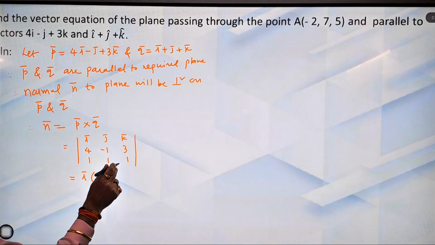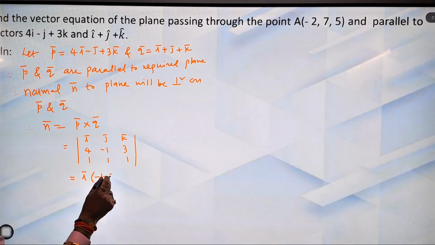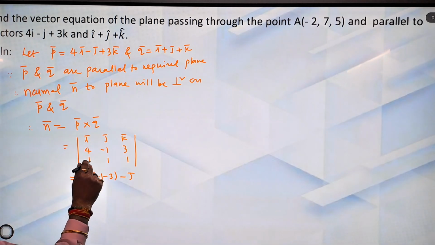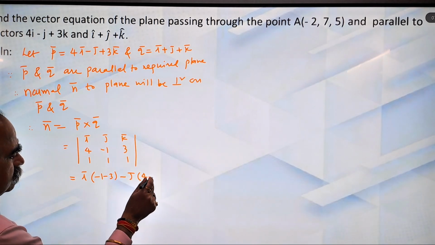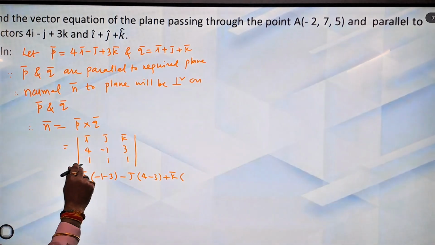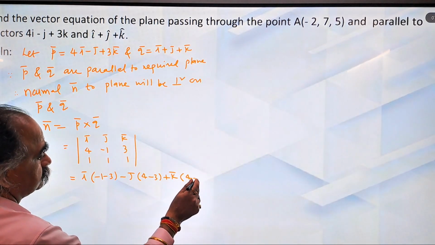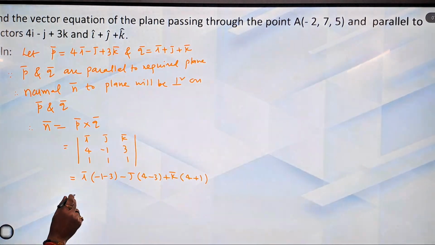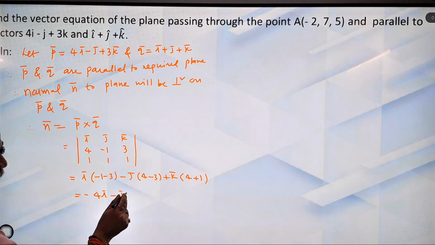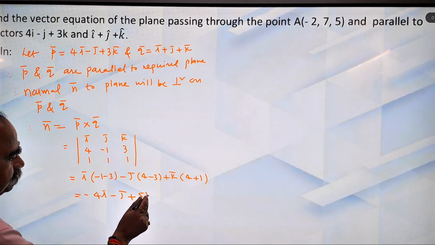So i bar into (-1 - 3), minus j bar into (4 - 3), plus k bar into (4 + 1), which gives -4i - j + 5k.